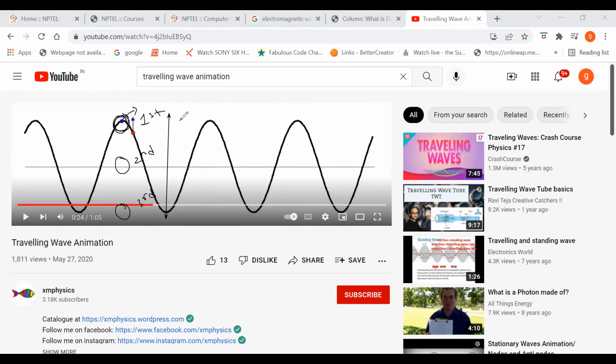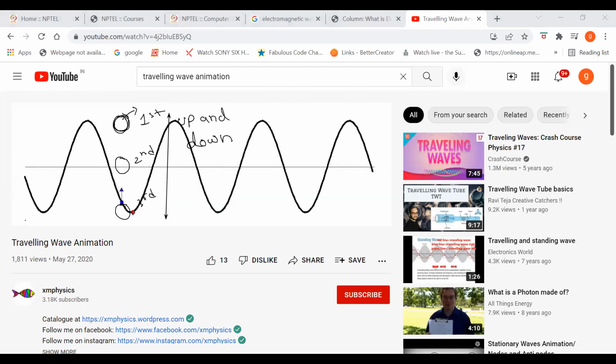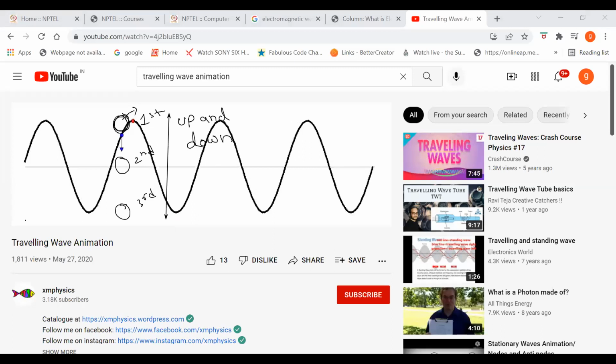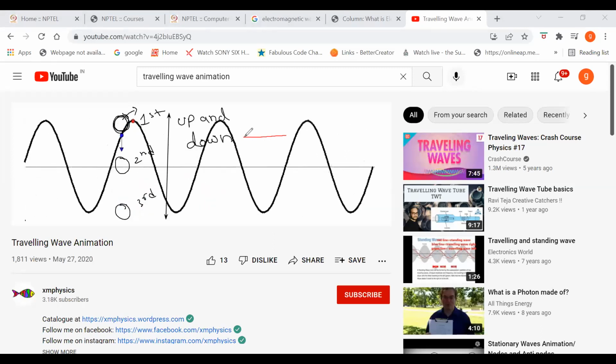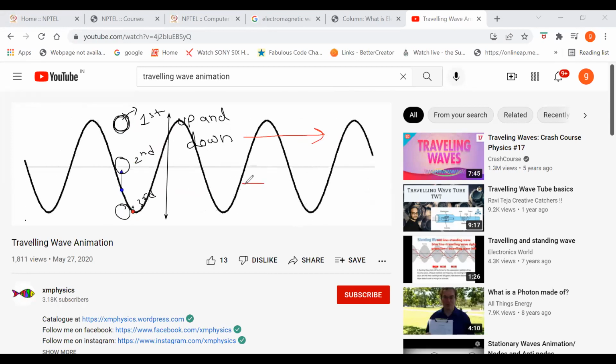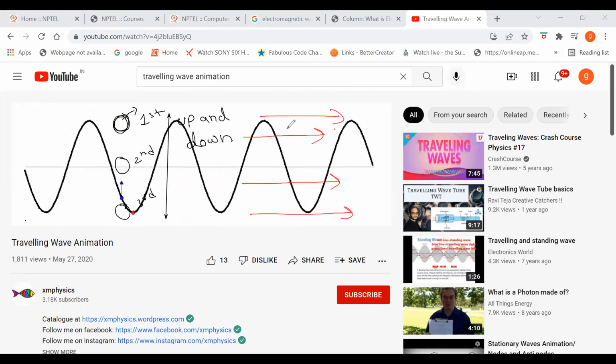Is it clear? But this wave is traveling in which direction? This wave is traveling in linear direction, forward direction or x direction. Is it clear?